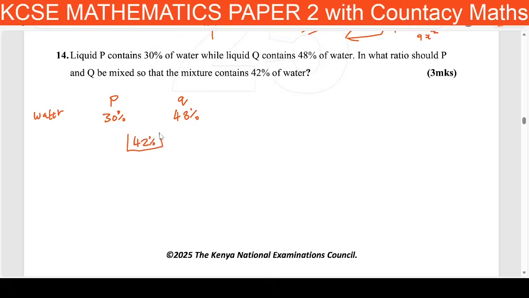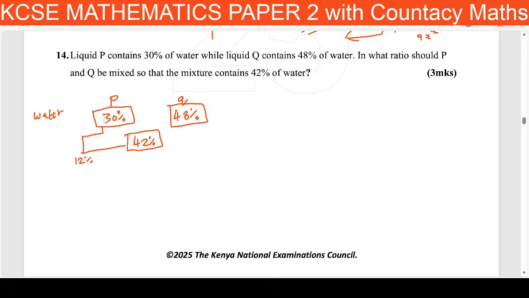This is the easiest and the most straightforward way to go about this. So what we do is that we check the difference between this and this. What's the difference between 30 and 42? That's definitely 12. Is that so? Yeah, 12%.